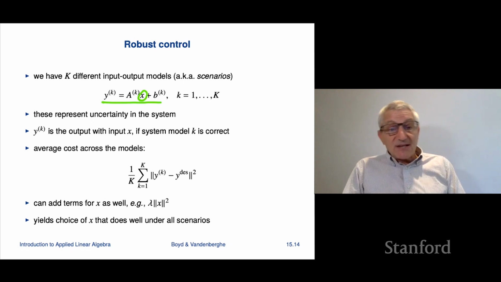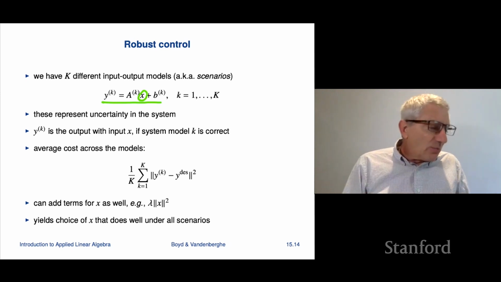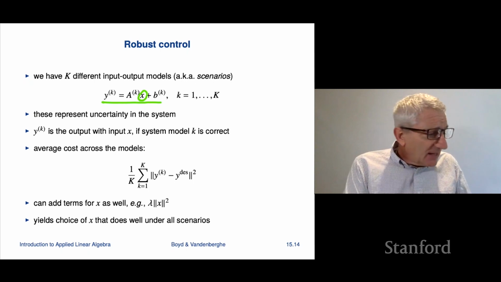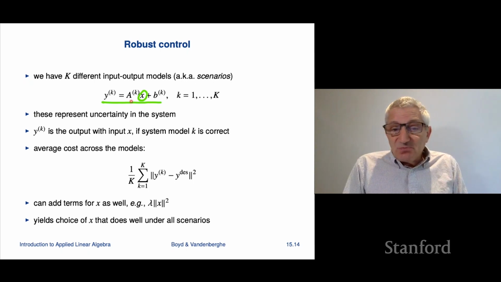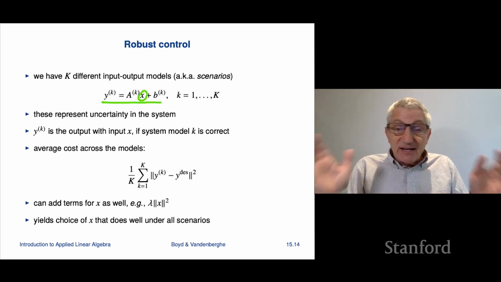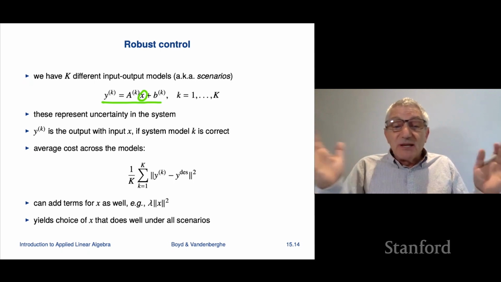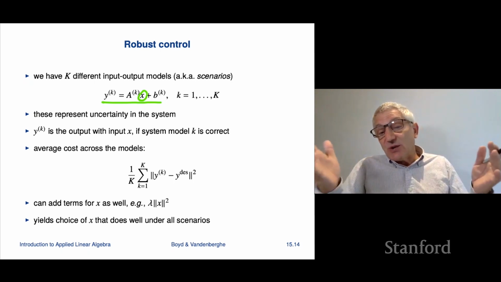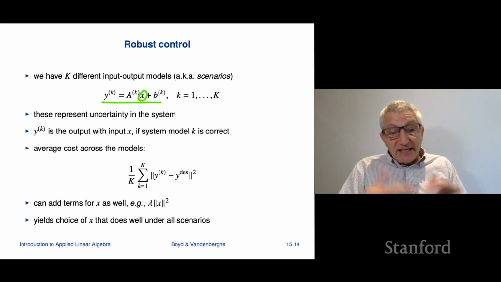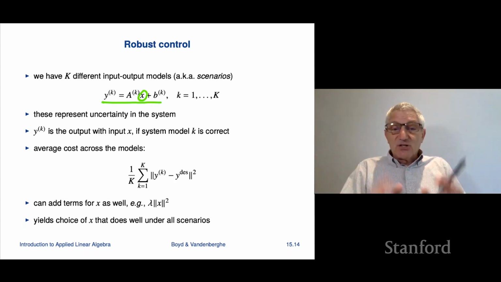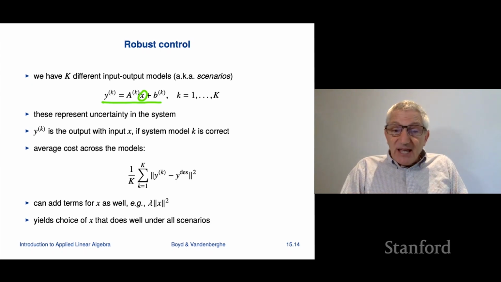Now it's interesting here. I should say, in applications, if these AKs are wildly different from each other, then it's game over and you should just go home. If you ask someone, "What's your model?" and they give you 10 models and they're all completely different, you're just like, "Okay, I quit. There's no point going any farther." So normally what the AKs look like is they're close to each other, but not quite the same.